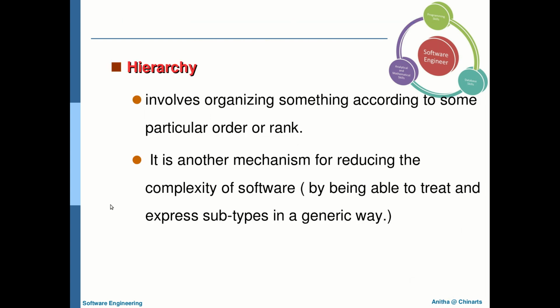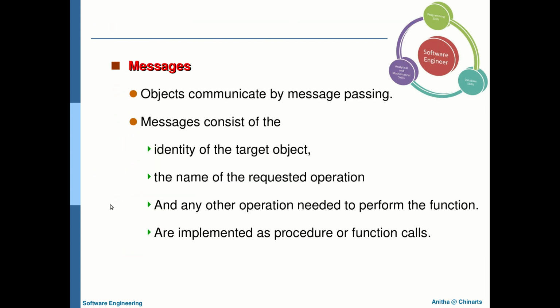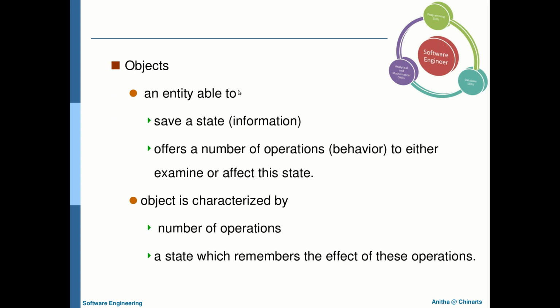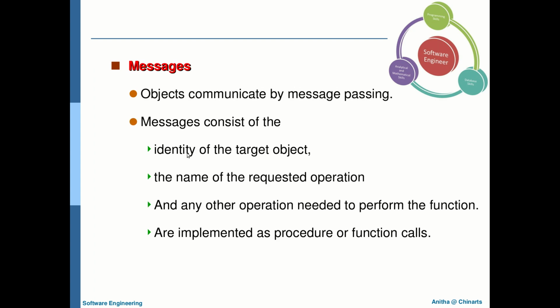So in this video, we have discussed what the different terms related to object-oriented design are. We have seen what an object is. We have seen what a message is. A message is nothing but when the objects want to communicate with each other, they communicate by passing messages.